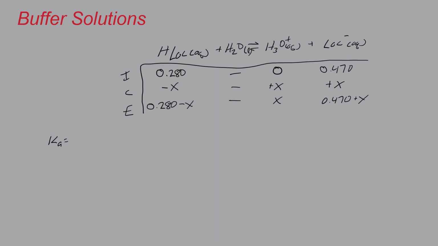So you can say the Ka is equal to the equilibrium hydronium concentration times the equilibrium lactate concentration divided by the equilibrium lactic acid concentration. And we can rearrange that.